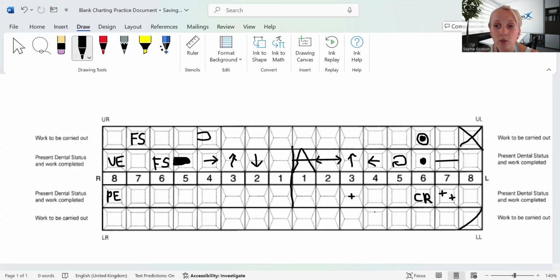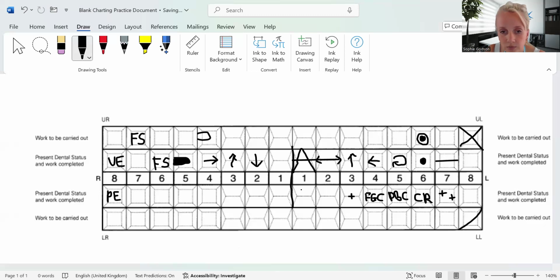If it's a porcelain bonded crown or a gold crown, you are going to write the letters. So porcelain bonded crown, again, excuse my writing, or full gold crown. A lot of these notations are just the letters, so it's just remembering the letters and which ones they are.